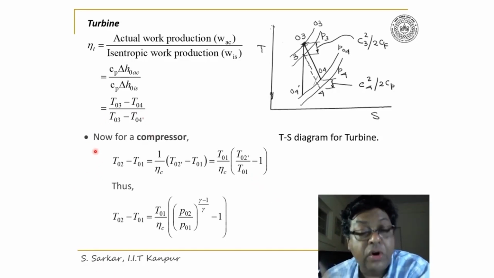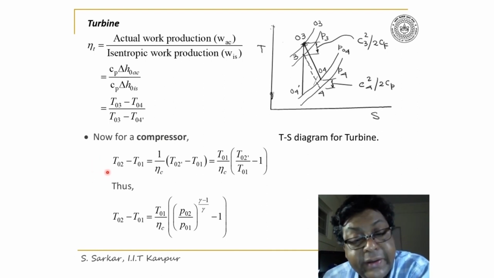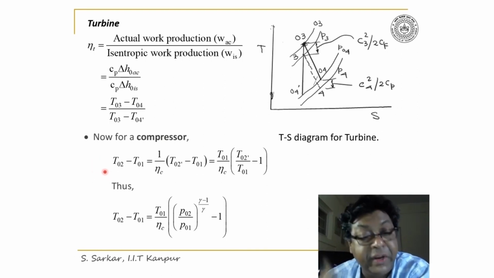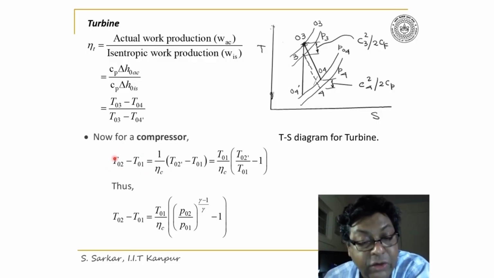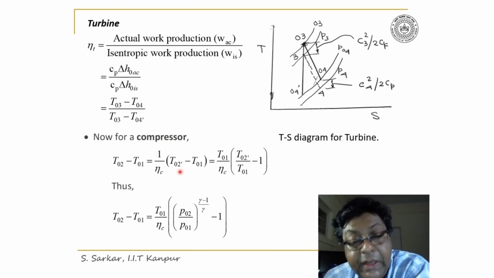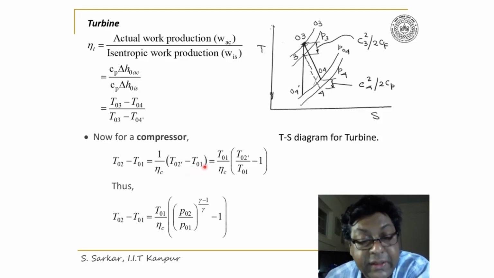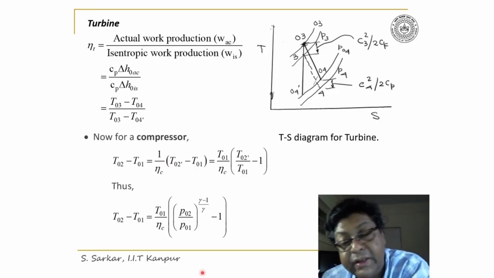Now, for the compressor, I can write from the expression of isentropic efficiency: T02 minus T01, that is actual temperature rise, is equal to 1 divided by eta C into T02 dash minus T01, that is isentropic temperature rise.